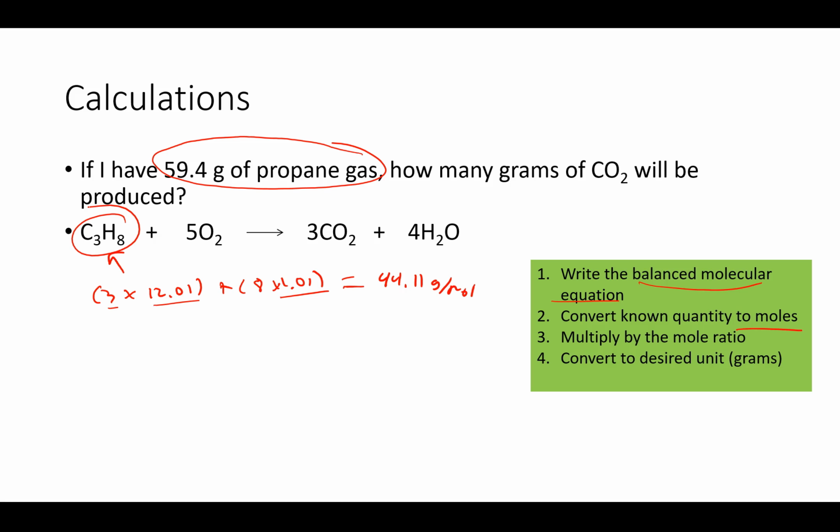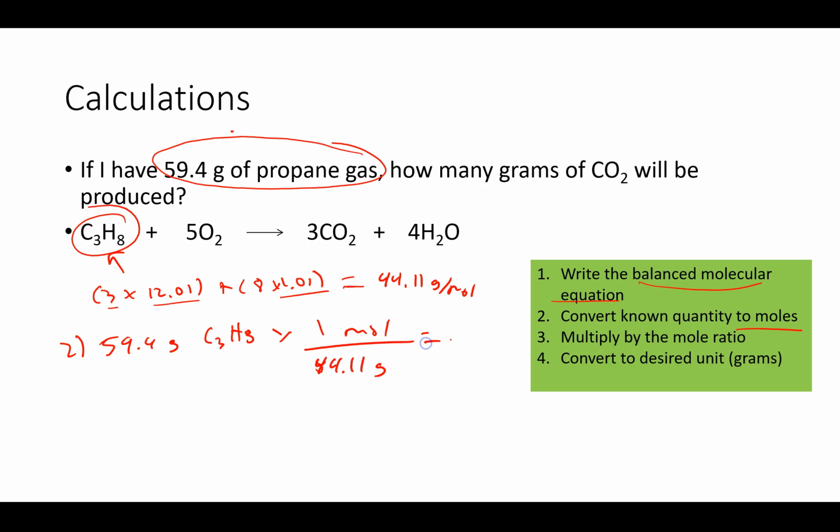Okay, now I need to convert this quantity. I don't have 44.11 grams. I don't have exactly 1 mole. I have a little bit more than 1 mole. So for step 2 here, I'm going to go 59.4 grams C3H8, and multiply that by 1 mole over 44.11 grams.